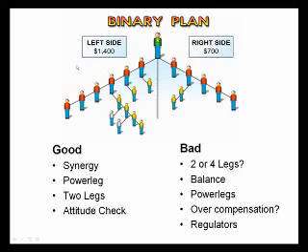Balance is the key, and part of the discouragement in a binary structure is that distributors really don't like the fact that they have to perfectly balance their legs. Now, one type of company has kind of created an answer to that, and they do what's called a 2/3, 1/3 structure, where they allow you to actually get full credit.